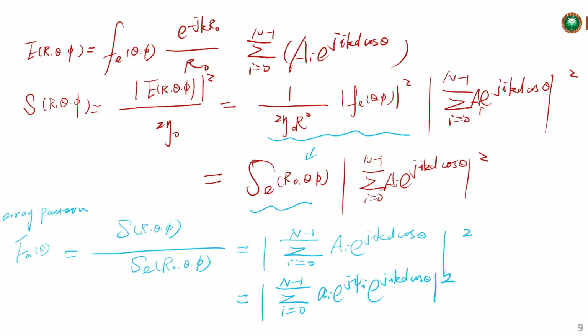Okay, and when we control the amplitude, control the phase, we can achieve the control of the final array pattern here. For each element, we can separately control the amplitude and the phase shift. We can achieve such a calculation on it.